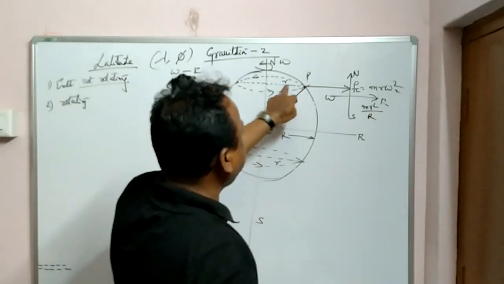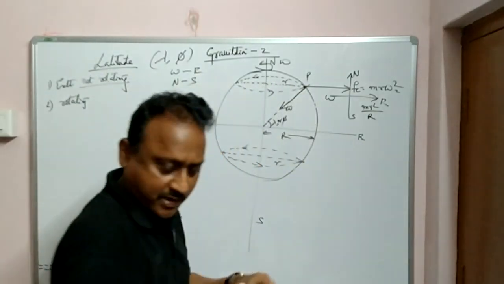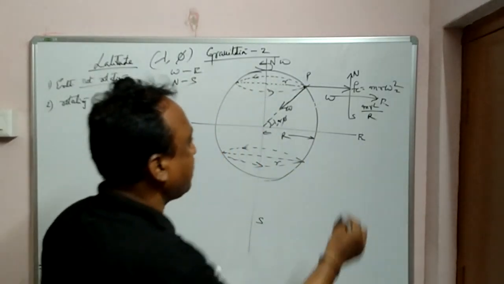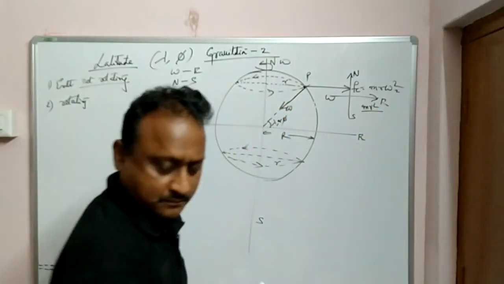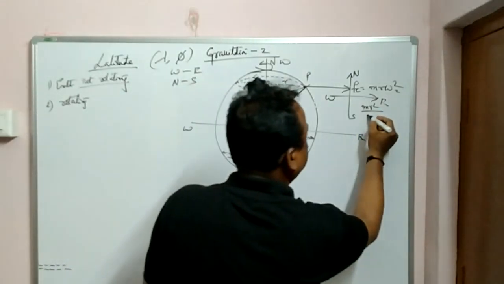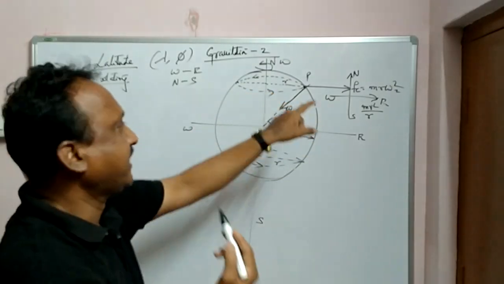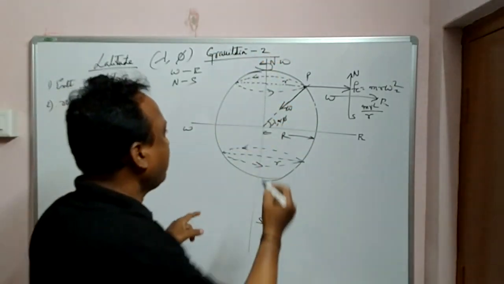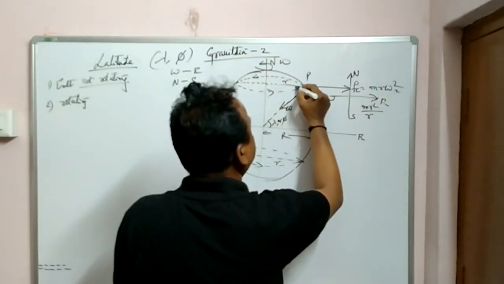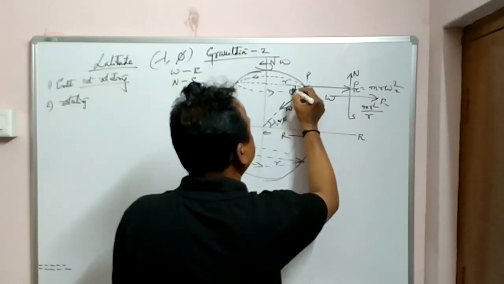But here at this point the radius is smaller, so we will put it as small r, where r is the radius of the circle it makes at this latitude. This angle is lambda or phi, and this is also phi, vertically opposite angles.